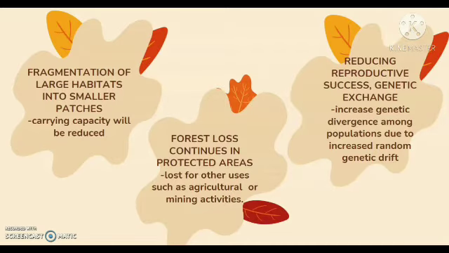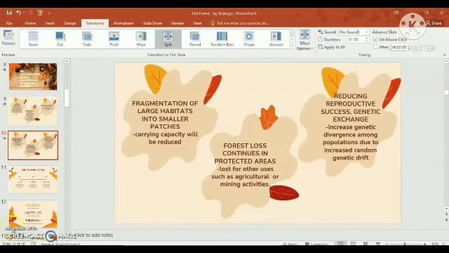Lastly, about reducing reproductive success and genetic exchange. It will happen when there is increased genetic divergence among populations due to increased random genetic drift. So that's all about the advantages.